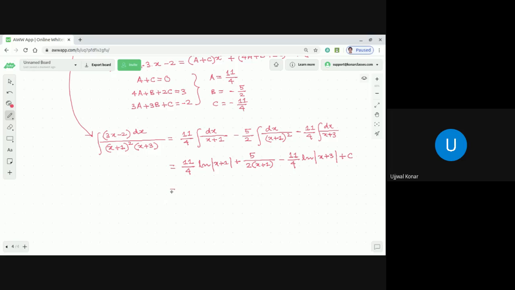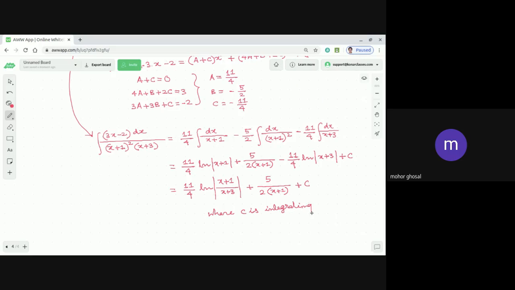So this is equal to what? We can take 11 by 4 common, and we get ln of mod of (x plus 1) by (x plus 3), plus 5 by 2 into (x plus 1), plus c, where c is the integrating constant.